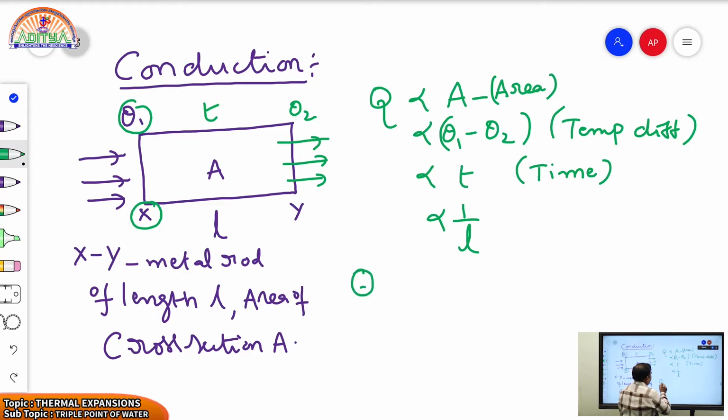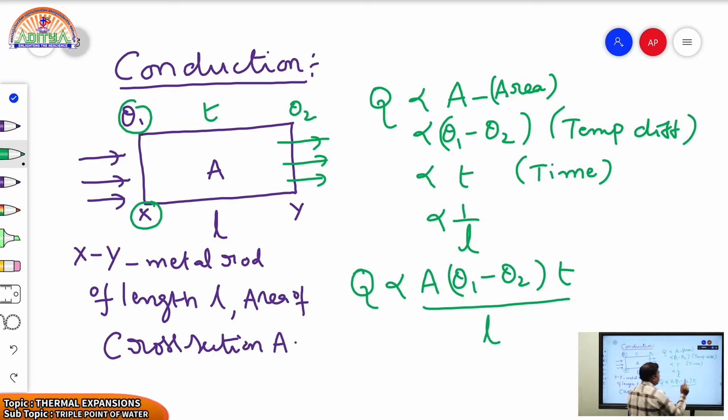So I can write Q is proportional to A into theta 1 minus theta 2 into T, divided by L.